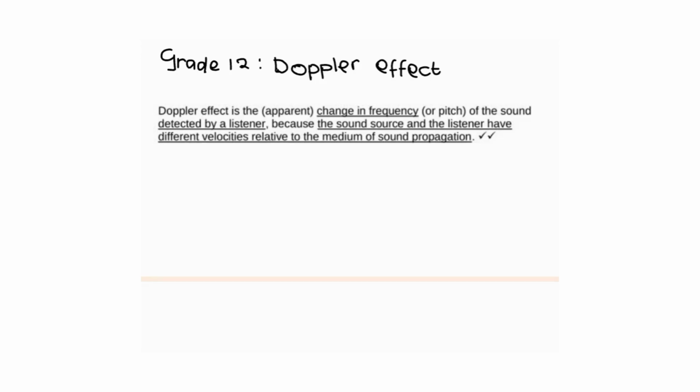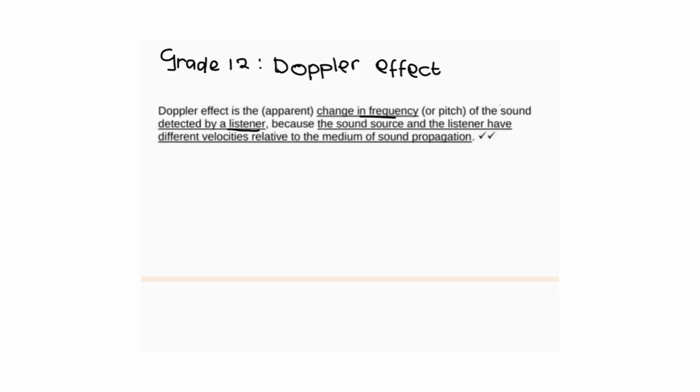Starting with the definition of Doppler effect. Doppler effect is the apparent change in frequency of the sound detected by a listener, because the sound source and the listener have different velocities relative to the medium of sound propagation. Okay, so this is the definition.